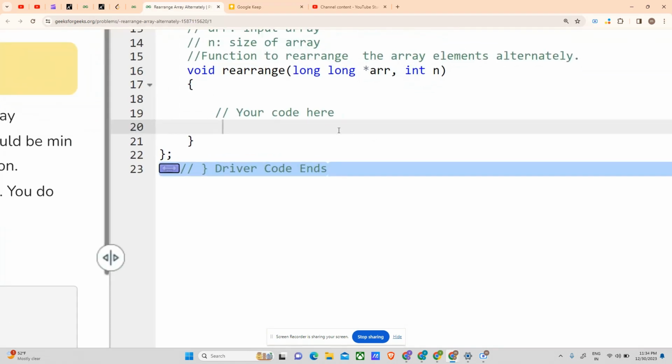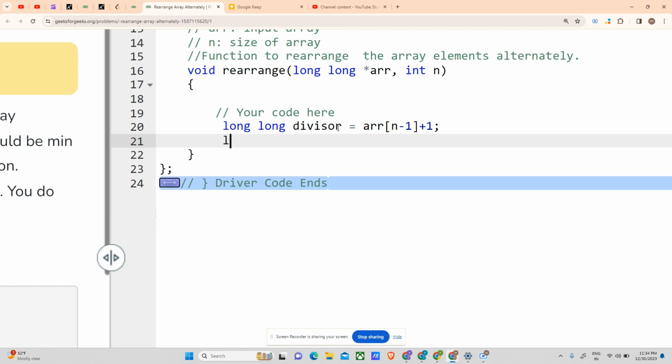So now let me declare some variables right away. So my long divisor is ARR of n minus 1 plus 1. My minimum index small m is 0, and my maximum element index is n minus 1.